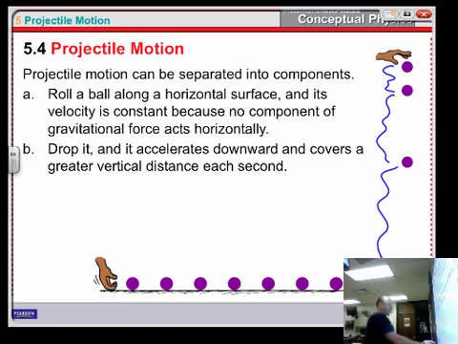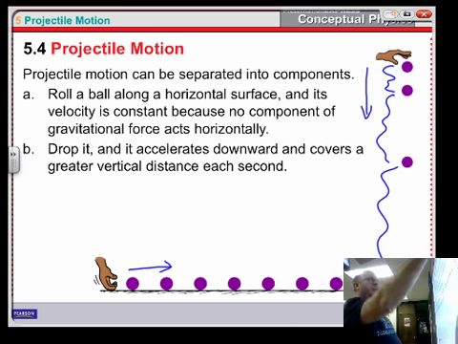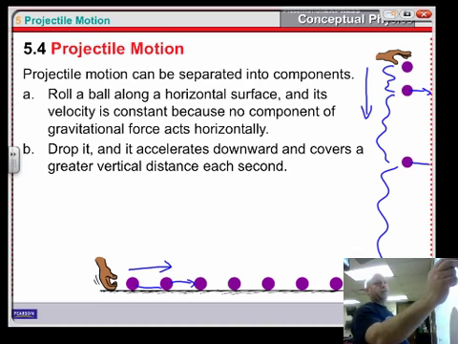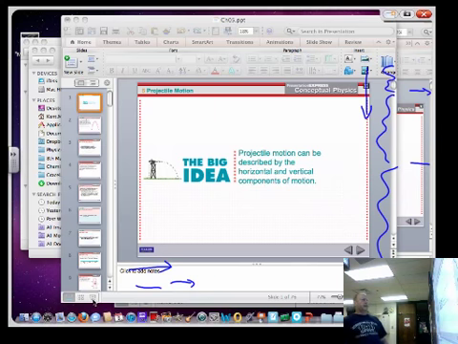What's happening is the ball's moving this way and it's moving this way at the same time. So this one should be over from here to here. This one needs to move over that far. And then from here to here, this one needs to move over twice as far. So we're going to put it all together.